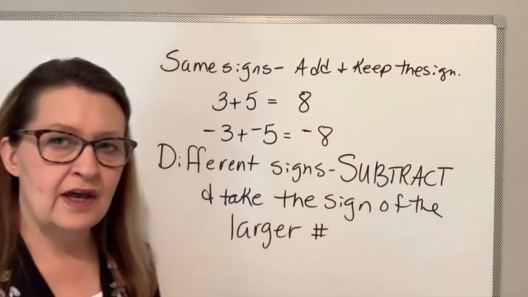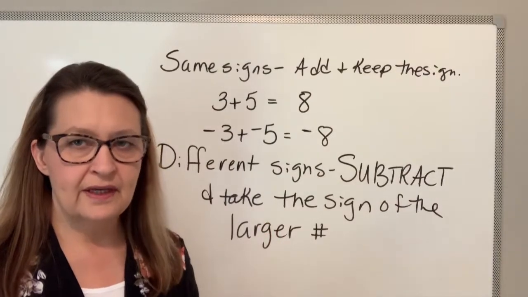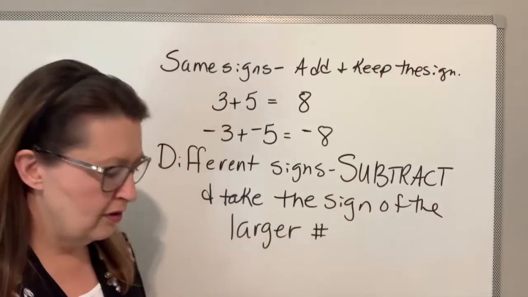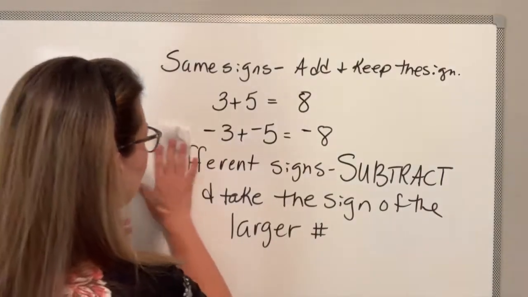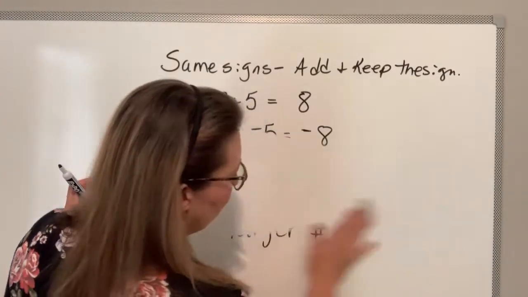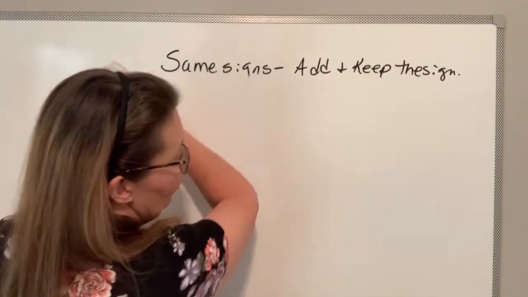Okay, if you have two different signs, you're going to subtract and take the sign of the larger number. All right, let's look at some examples of this, because this is the one that usually gives people trouble. Mainly because they think, well, I'm adding, why am I subtracting?